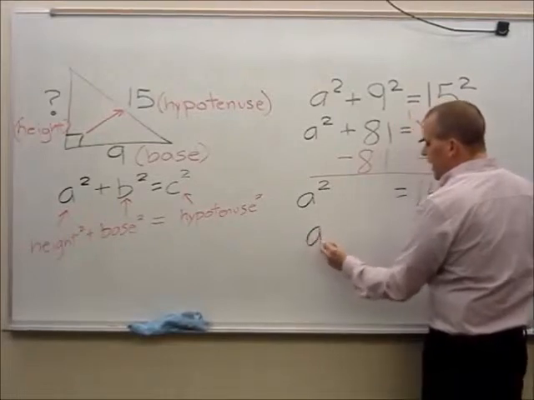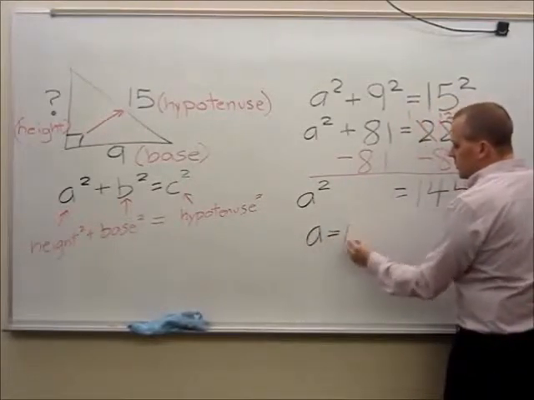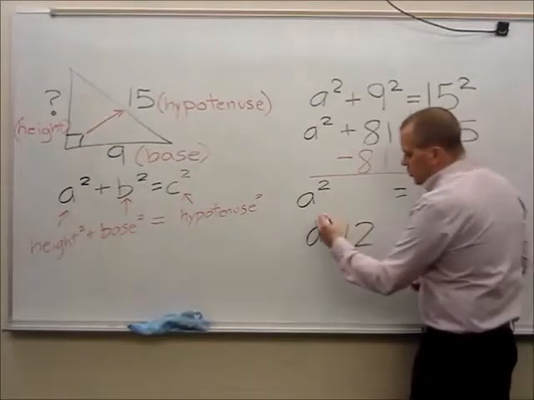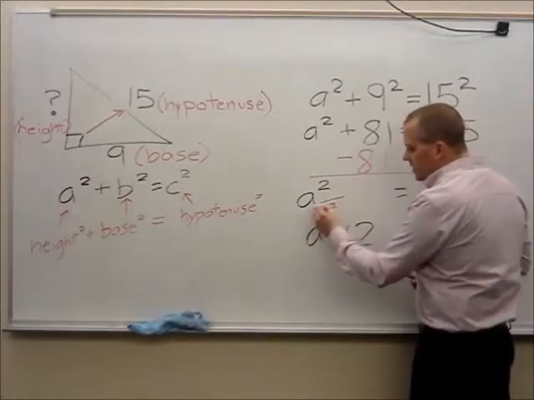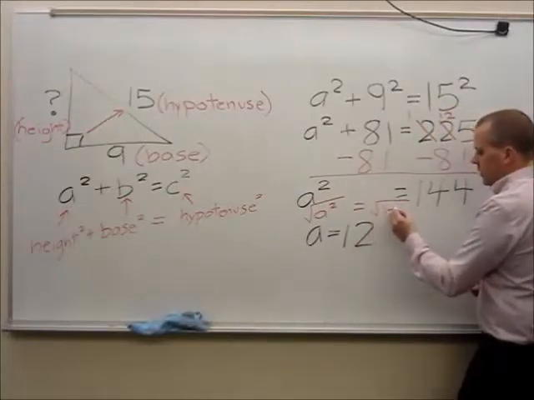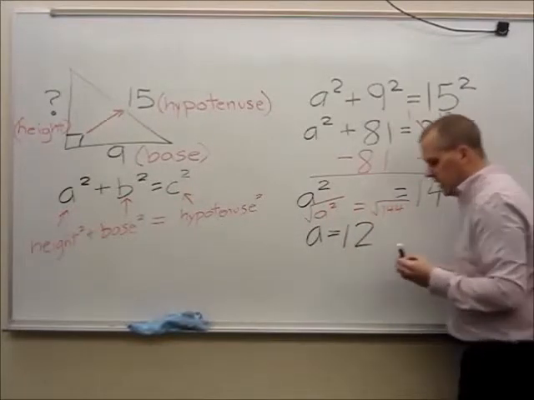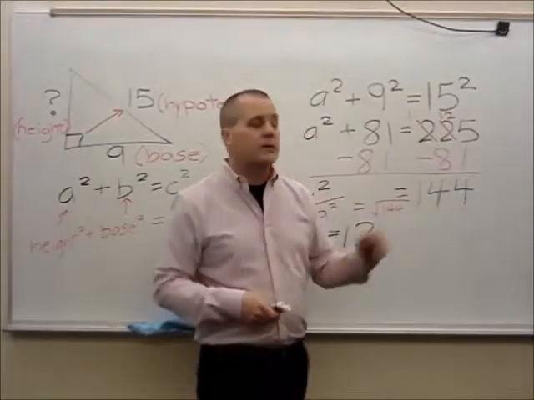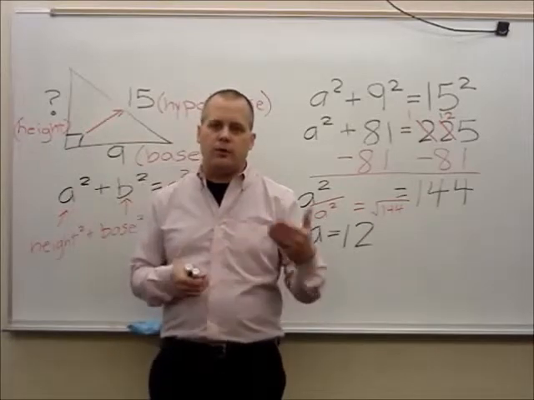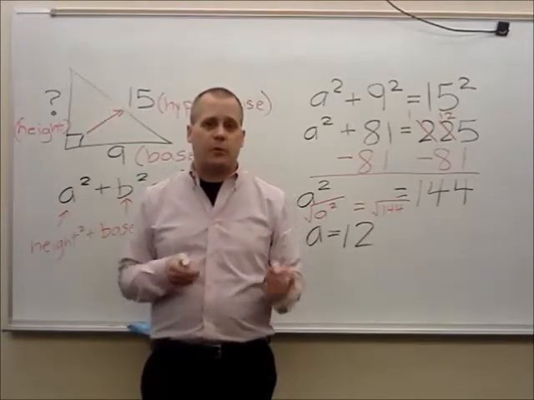So therefore, A is equal to 12. All I did here was this. I took the square root of A squared, and I took the square root of 144. And if you're not totally sure, double check your work by saying to yourself, what's 12 times 12? 12 times 12 is 144.